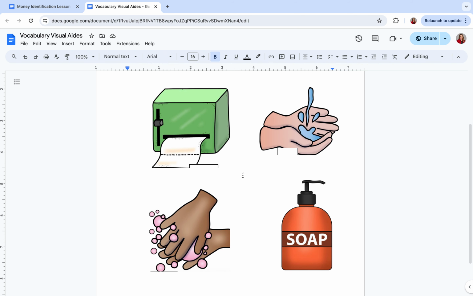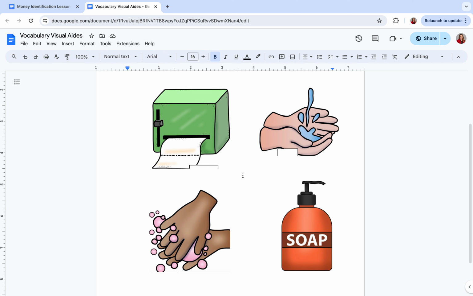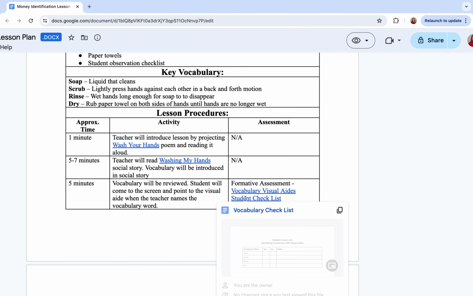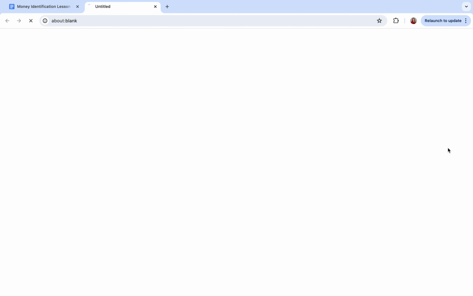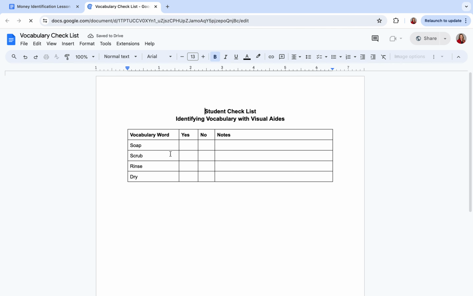I would ask Ben to point to the image of rinsing, and he would have to go and point to the correct image, and this would continue for the other three vocabulary words. At that time, I would use this checklist to ensure that Ben was able to identify the images for our vocabulary.